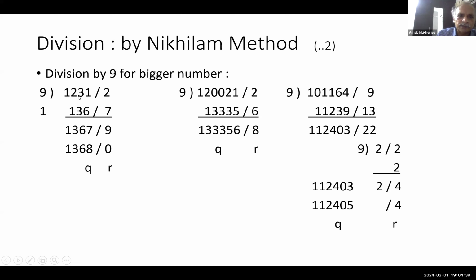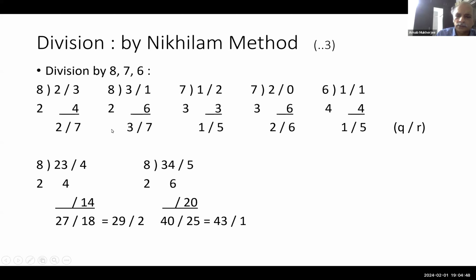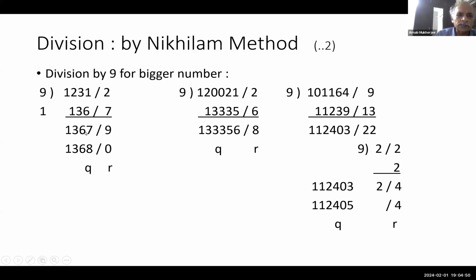The quotient is 1, 3, 6, 7, and 9 is the remainder. Again, 9 is the same as the divisor 9, so it contributes 1 more towards the quotient, and 1, 3, 6, 8 becomes my final quotient, and 0 becomes my remainder.